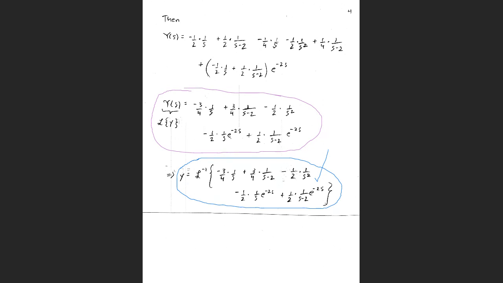Now, the inverse Laplace transform of the sum of 5 functions of s is the sum of 5 inverse Laplace transforms. And naturally, we can factor out the constants for each of those. So when I take the inverse Laplace transform, running it through the 5 functions of s, this is what I'm going to get right here.